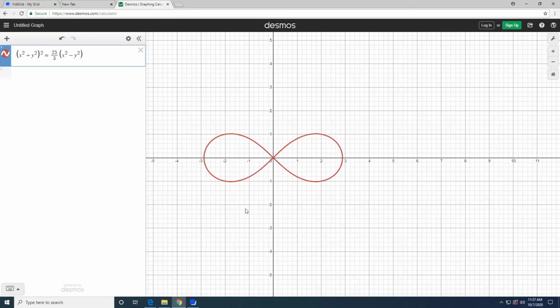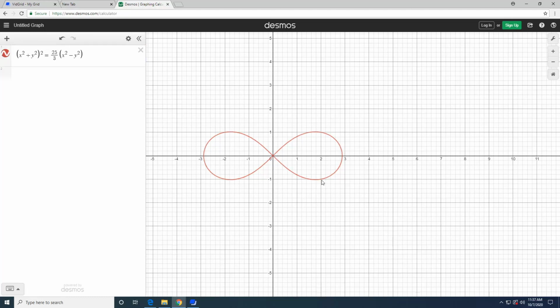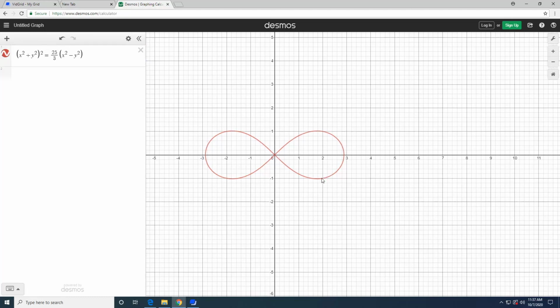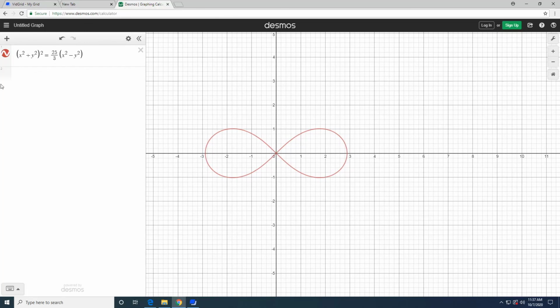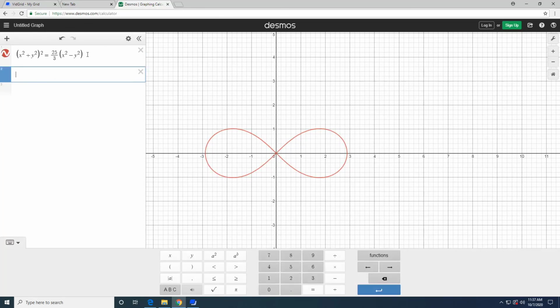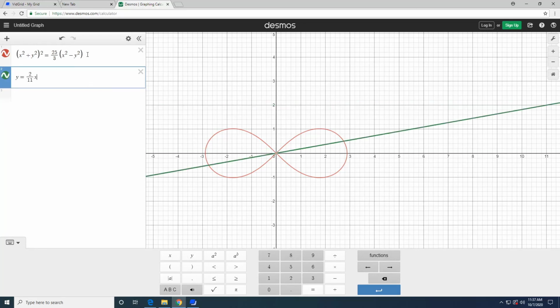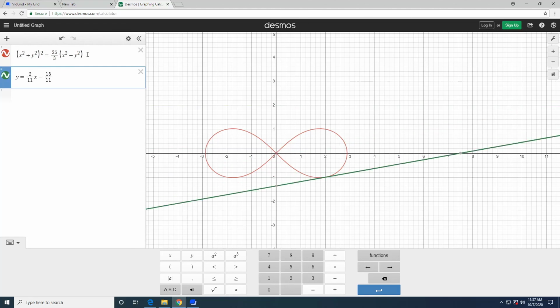All right, our tangent line at the point 2, negative 1. So right there, it won't let me show the point, but anyway, right there, our tangent line should be y equals 2 over 11 x minus 15 over 11. Okay, that looks right.